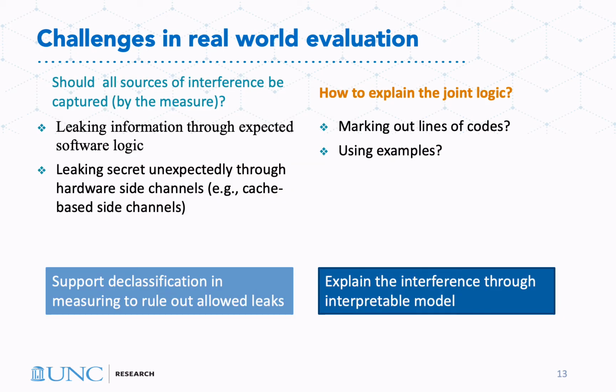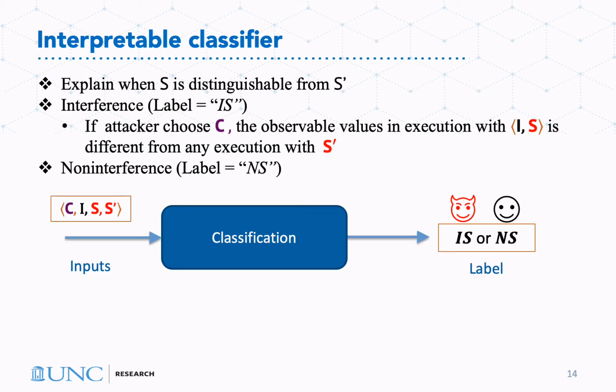Next, to automatically summarize the logic cause of the leakage, besides the quantitative measure, I will use interpretable machine learning to explain the joint hardware-software logic in a clean way. The high-level idea is to train an interpretable classifier to tell whether the secret pair S and S prime will cause interference.